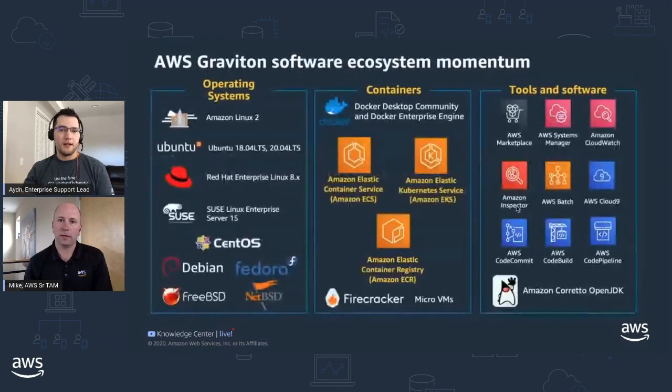Aiden, do you want to tell us a little bit about the Graviton software ecosystem and the kind of momentum that's generated? Totally, Mike. So there is a ton of momentum on the software side. Starting with operating systems, all the major Linux distributions and the BSDs, FreeBSD and NetBSD, have support for ARM64, which is great to see. The general consensus we're seeing is that because our server-based ARM64 CPUs are newer, we're seeing better user experiences and better performance results with the newer distributions.